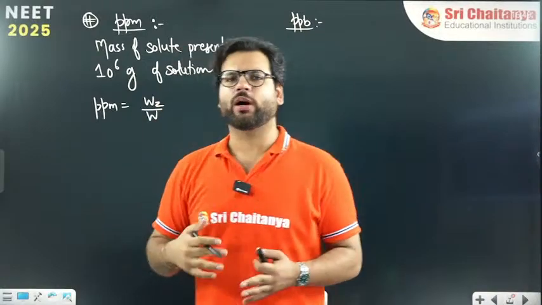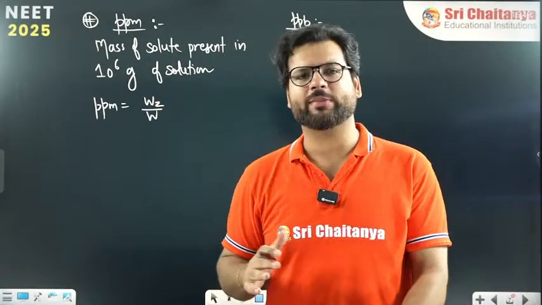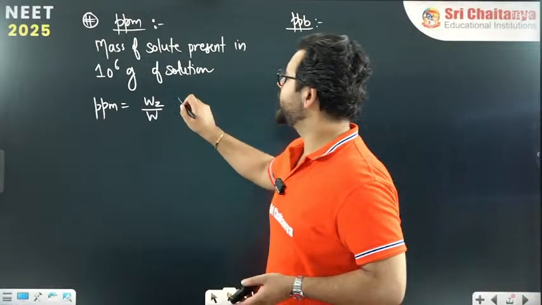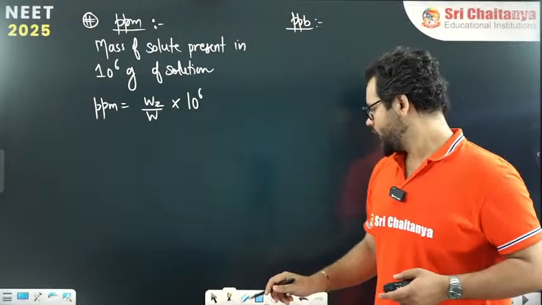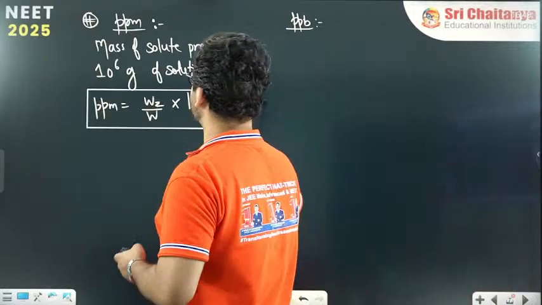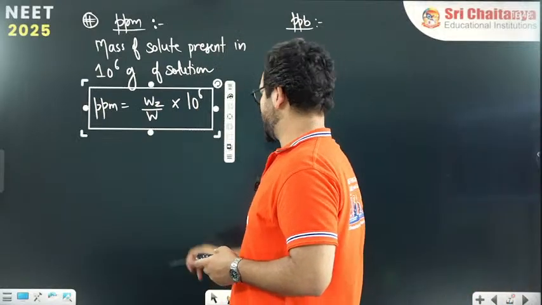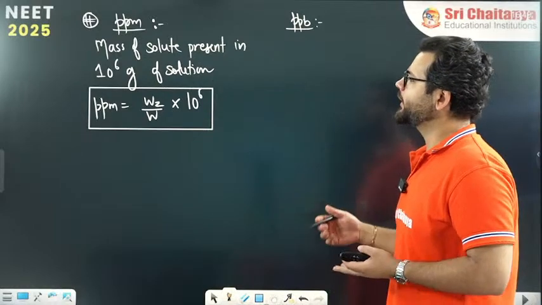W2 by W into 100 was percentage, and percentage means out of 100. Here, instead of multiplying by 100, you multiply by 10 to the power 6. And for ppb you multiply by 10 to the power 9.